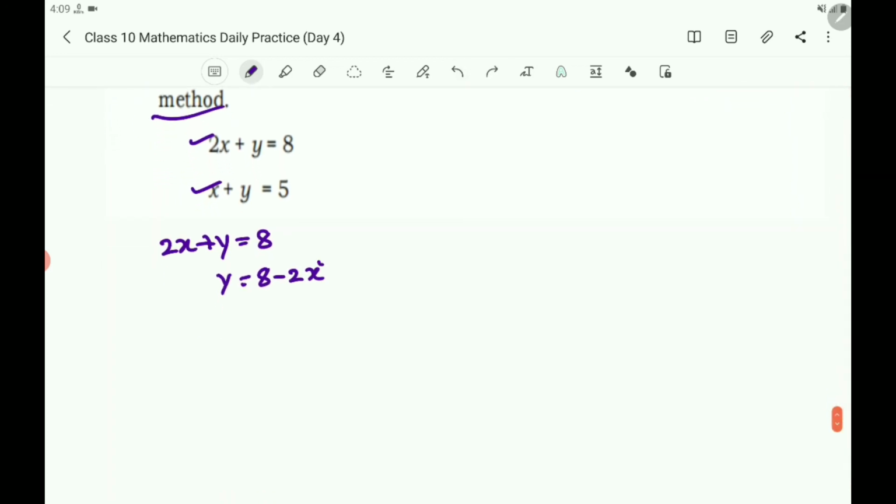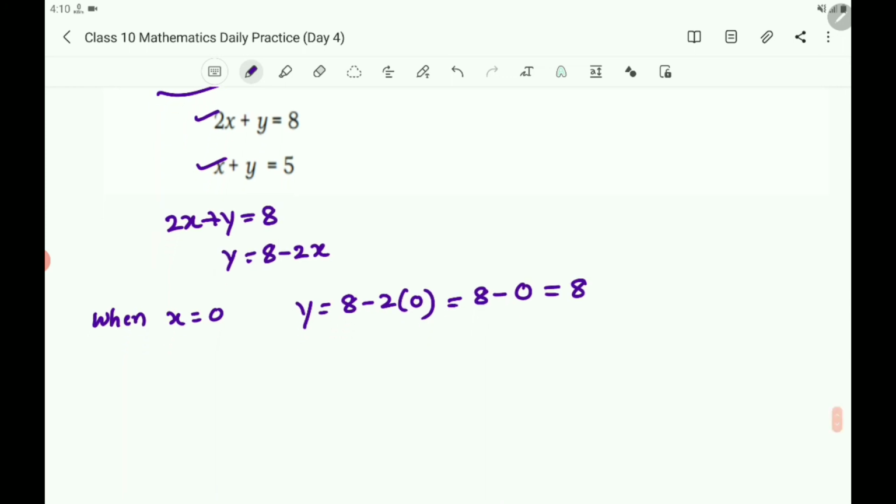Then take some value for x and get the corresponding value for y. Take a convenient value for x. So let us take x equals 0, then y equals 8 minus 2 into 0. 2x means 2 into x. Here we have taken the value of x as 0, therefore in the place of x you write 0. 8 minus 2 into 0 is 0, so y equals 8.